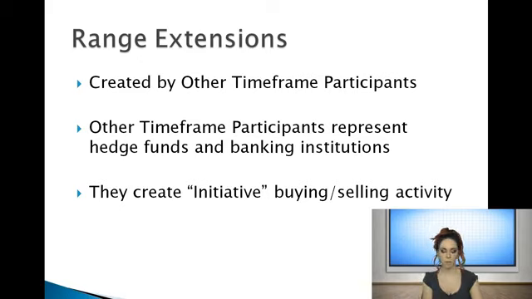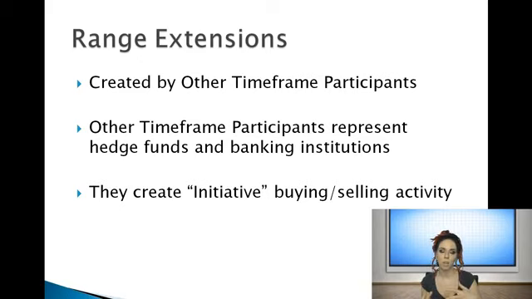Other time frame participants are also the ones responsible for something called the initiative buying or selling activity. Okay? So you have responsive activity that is created by the locals, and now you have initiative activity. Remember those two terms. You will need them.